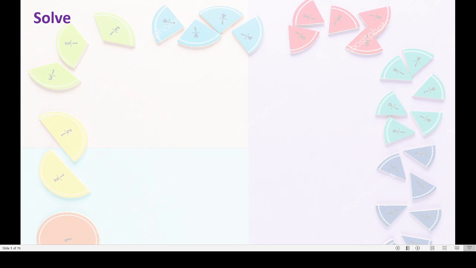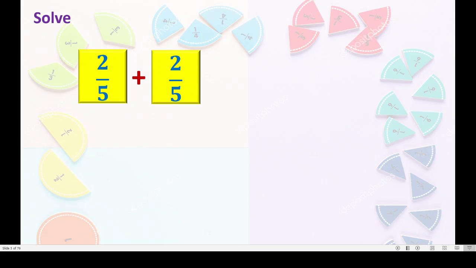Now we will try to solve this sum. See here, 2 upon 5 plus 2 upon 5 means 5 equal parts are there, and how many selected? 2 in each case. Okay, then total how many selected from 5 equal parts?